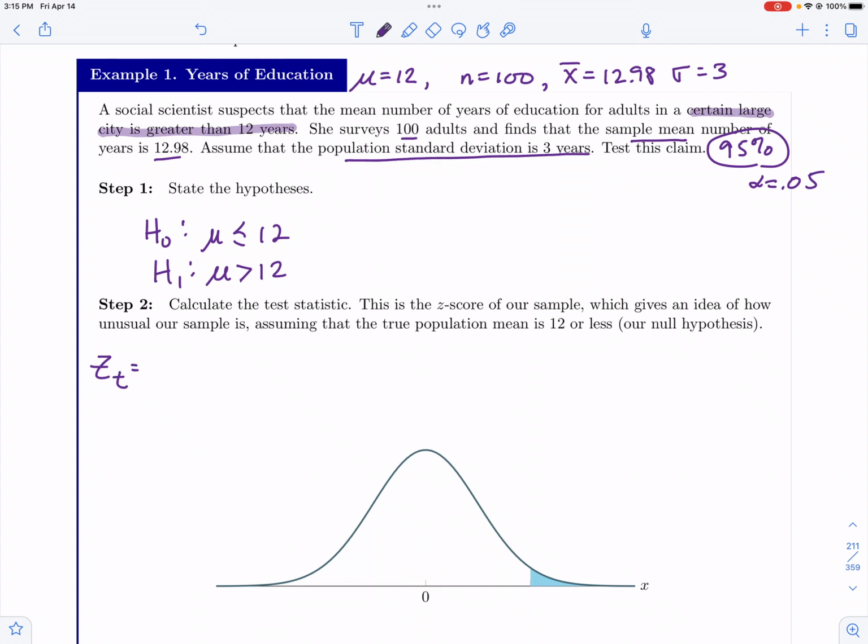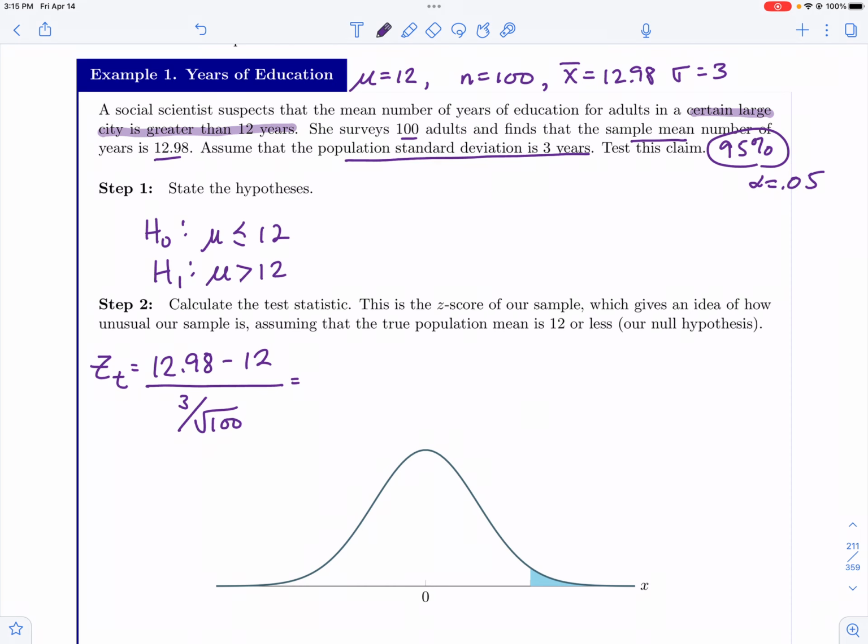And so we calculate this just like we would a normal z-score. So we're going to take our sample mean minus our population mean, all divided by our standard deviation, divided by square root of 100.